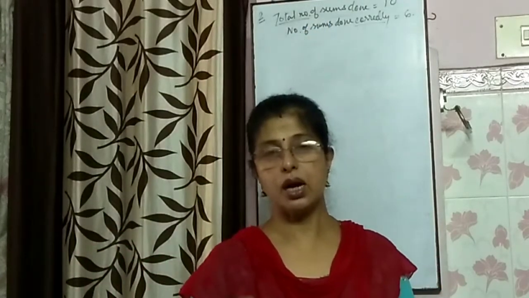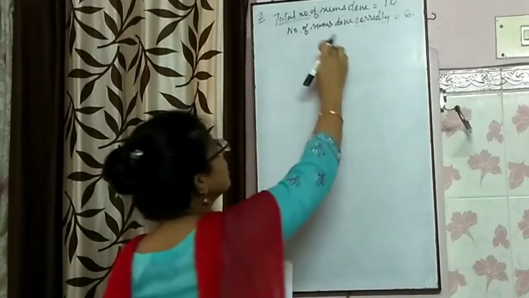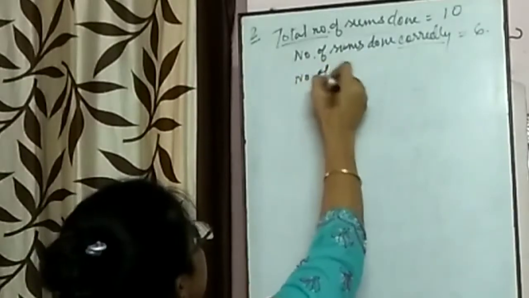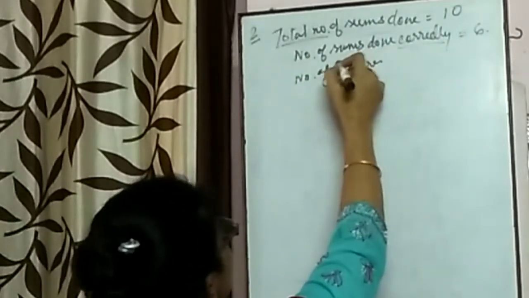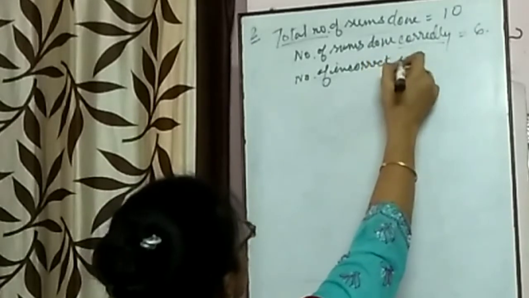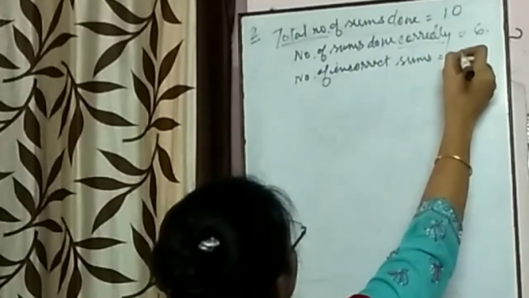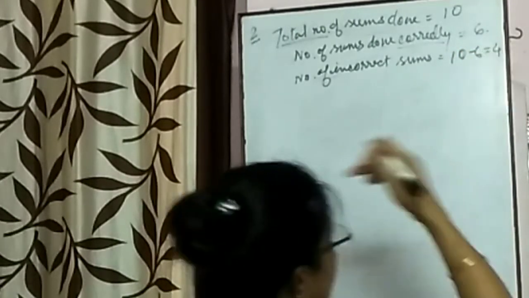Incorrect, you are asked to find the ratio of the correct to the incorrect sum. So you need the number of incorrect sums also. How many would it be? 10 minus 6. So it is 4.